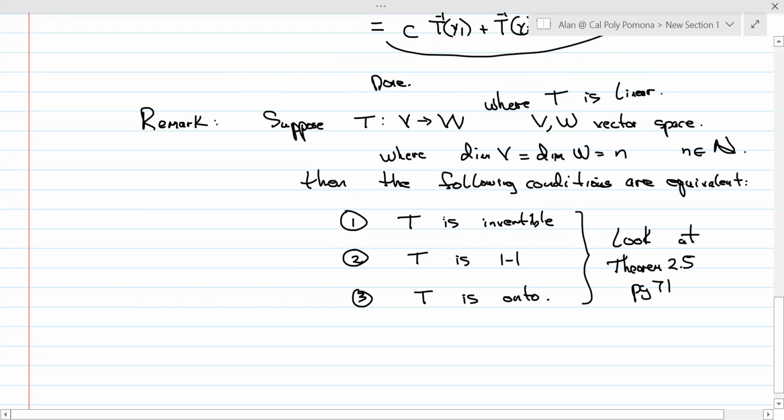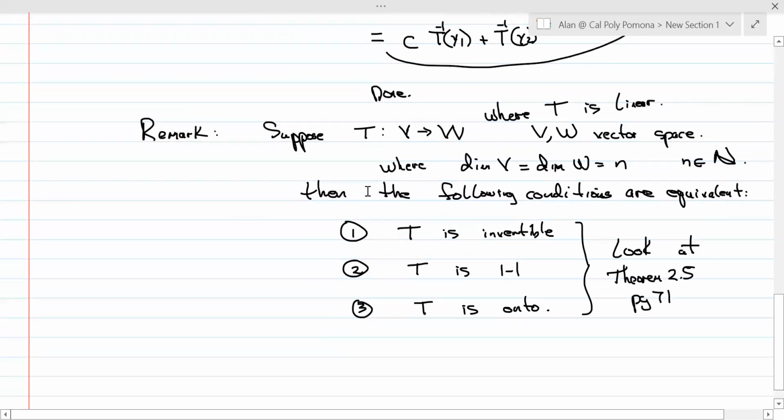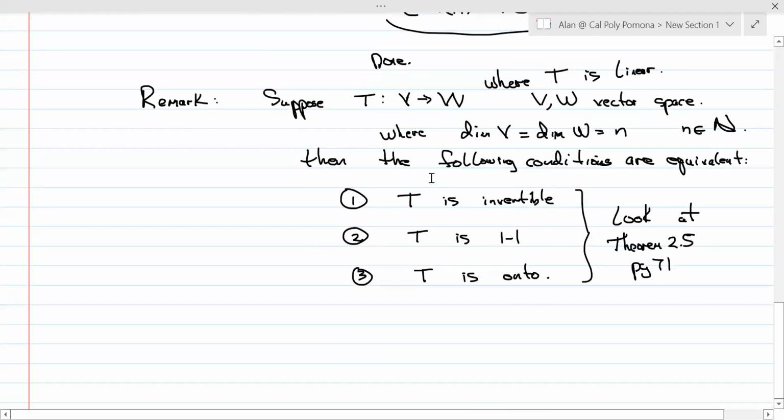What they do now is they start transferring all of these things to matrices. So instead of talking about transformations being invertible, transformations being invertible means what? T times T inverse would be I, and T inverse times T would be IW.